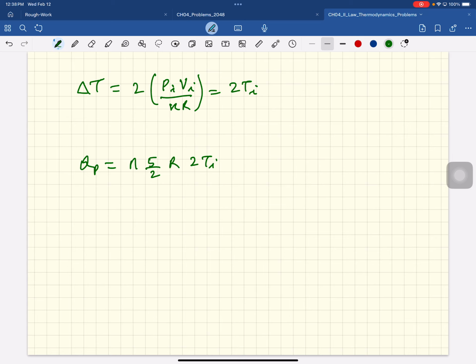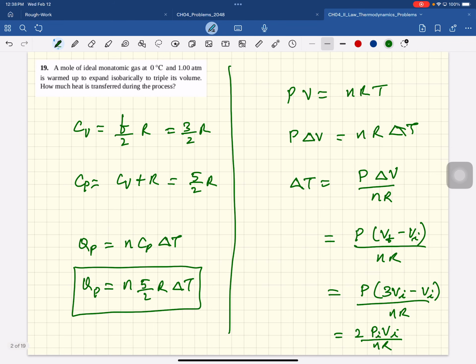Now we can plug stuff in. How many moles of gas did you have? You had 1 mole of the ideal gas.